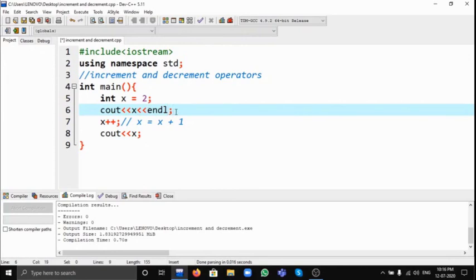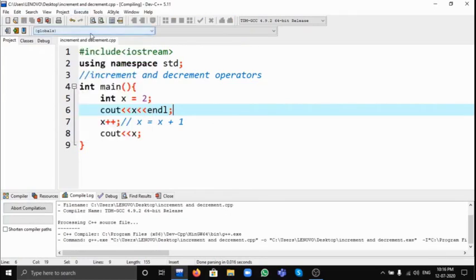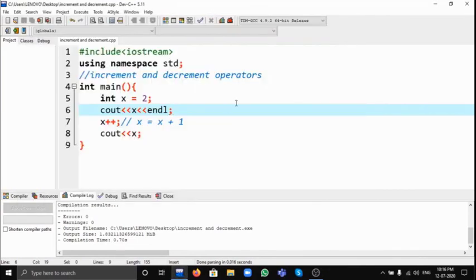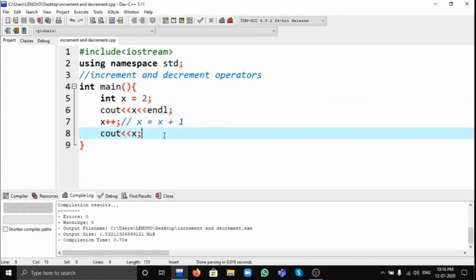If I use this, then the cursor will move to the next line. So now if I compile and run, see, it's 2 and on the next line 3 is being printed. All right? So this is one tip that you can learn in programming. I hope you understood the meaning of the word increment.